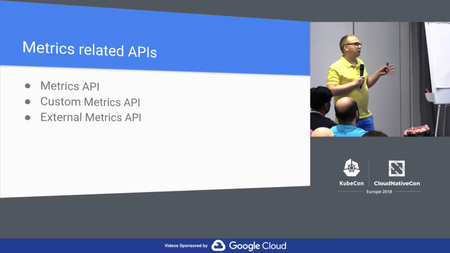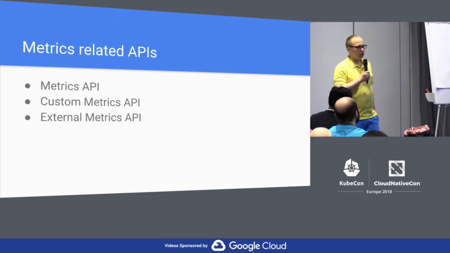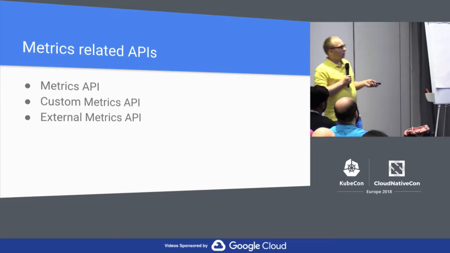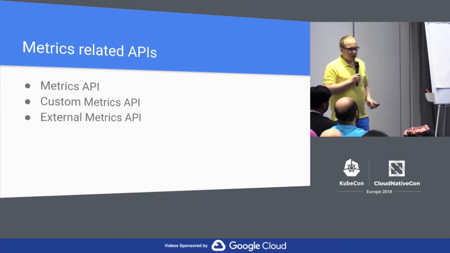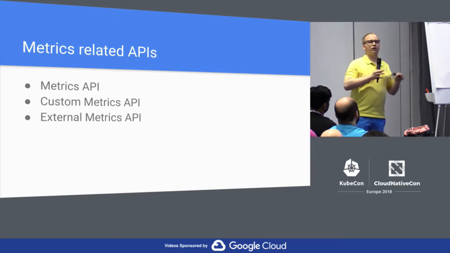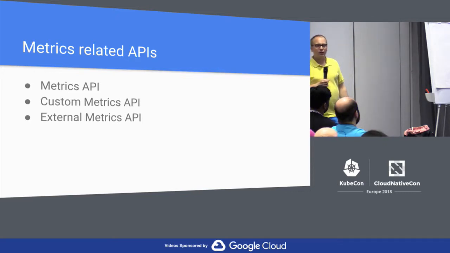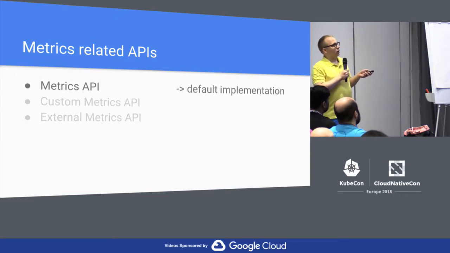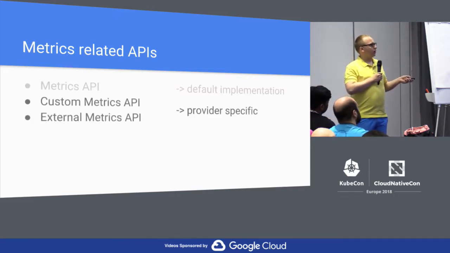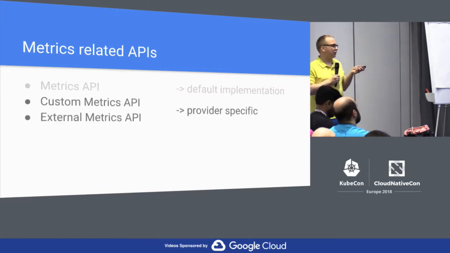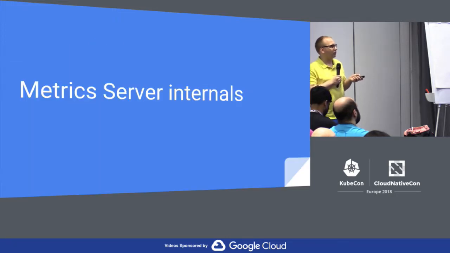Basically, this could be just custom metrics API, but due to security reasons, those are separated, because in case of external metrics API, you are leaving this safe Kubernetes world and reaching something else outside of Kubernetes. So for metrics API, there is a default implementation. For custom metrics API and external metrics API, you need a provider specific implementation.